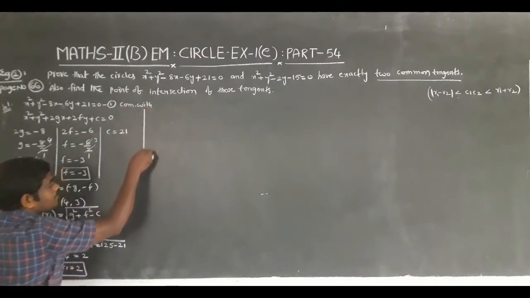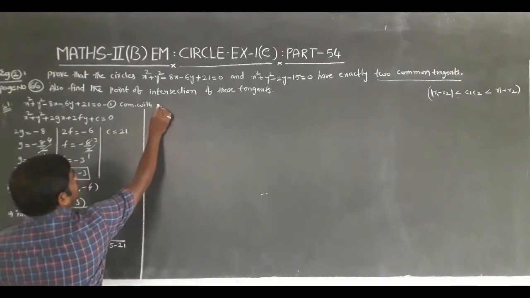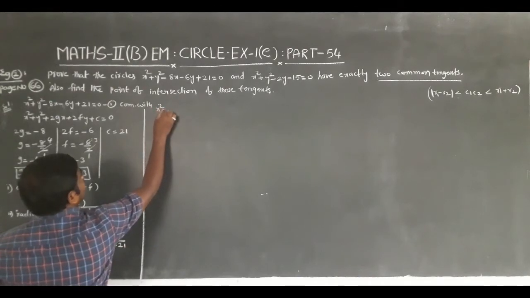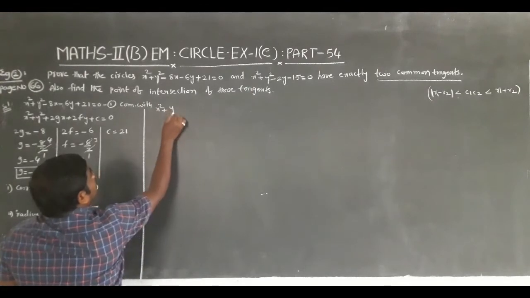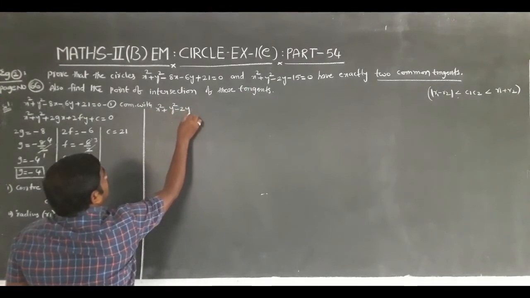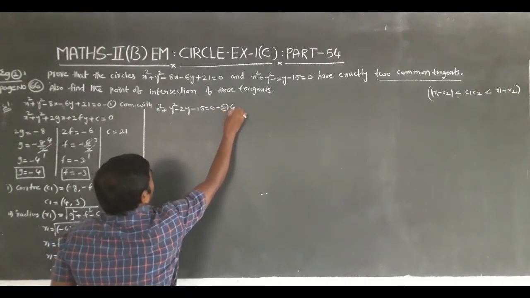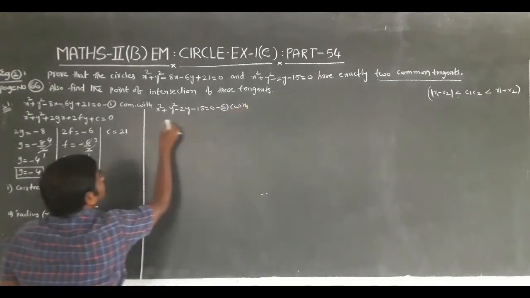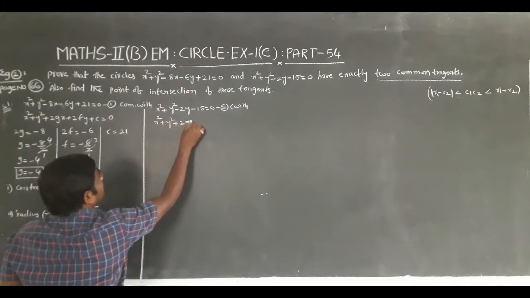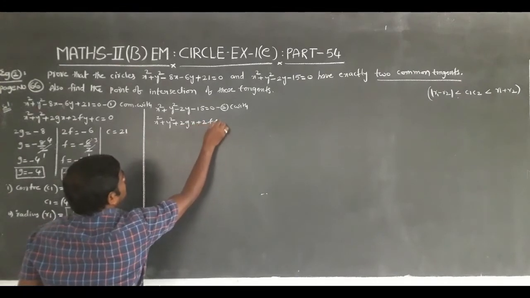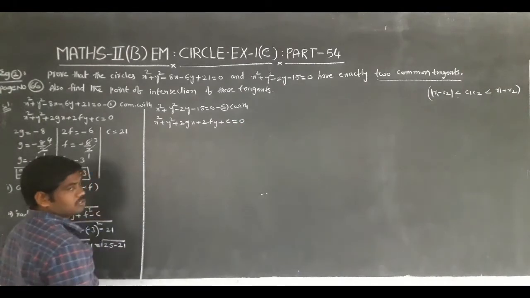Again, we find the radius and center of the second circle. Equation of the second circle: x square plus y square minus 2y minus 15 is equal to 0. Comparing with the general equation x square plus y square plus 2gx plus 2fy plus c is equal to 0.